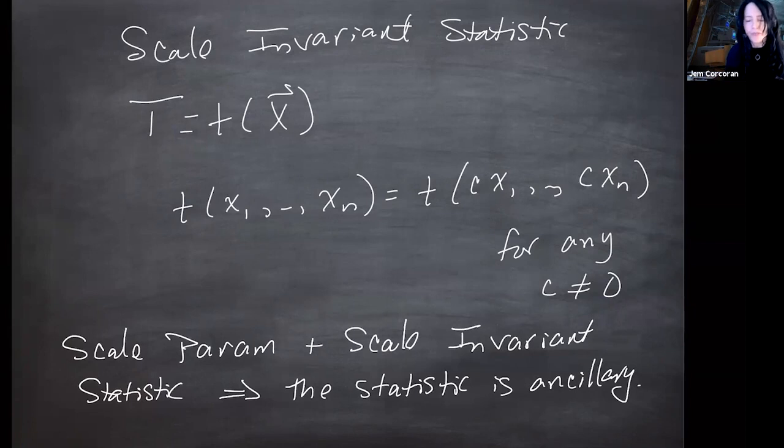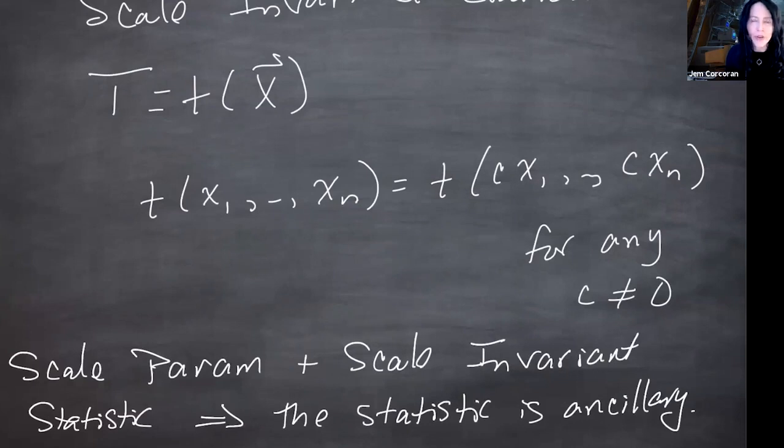So why do I want to be able to find ancillary statistics easily? Because I have some exciting theorems that will allow us to show that some things are independent in a whole new way. So the last thing I want to do is I have two things for you. First is that I'll call it a theorem. I don't usually write it as a theorem.